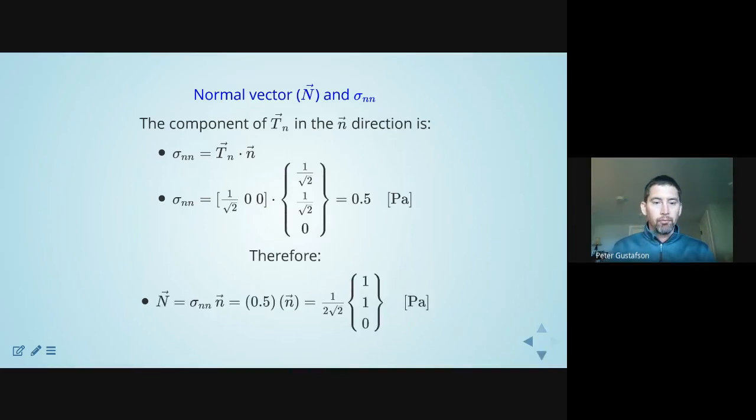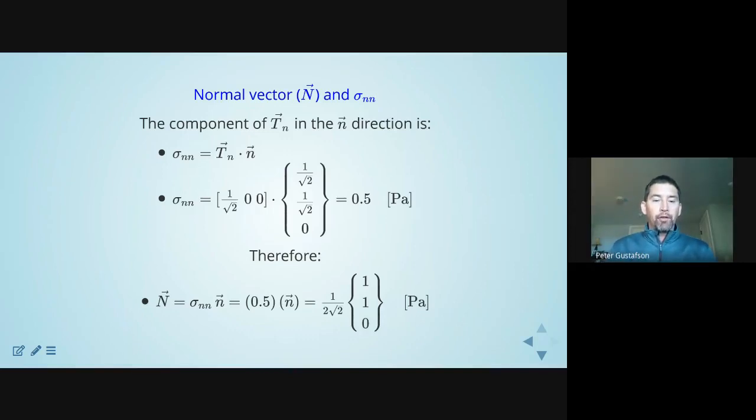Now, of course, the normal component of the traction vector is that magnitude, keeping in mind that sigma nn is a magnitude. So the normal component of the traction vector is sigma nn times the normal direction. So 0.5 times n, and it gives us now a vector, because all traction vectors are vectors, so the normal component of the traction vector is also a vector.